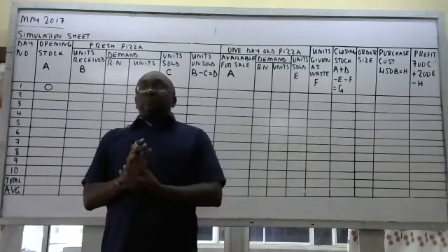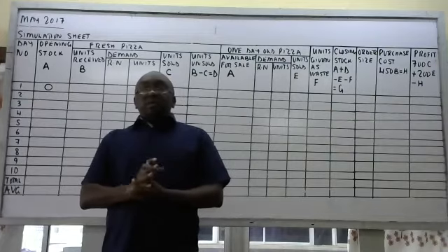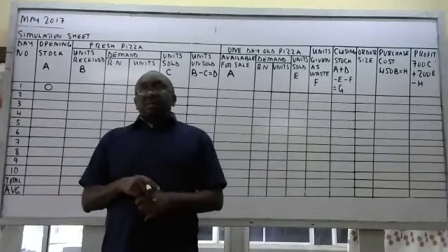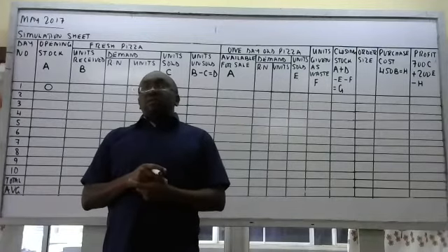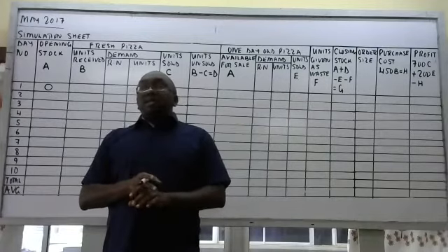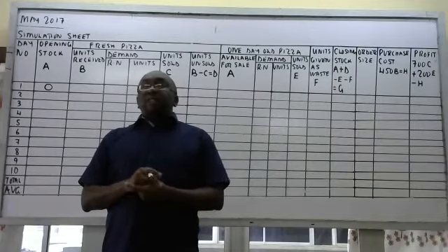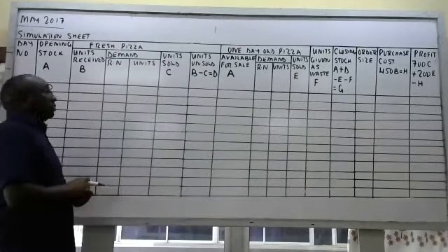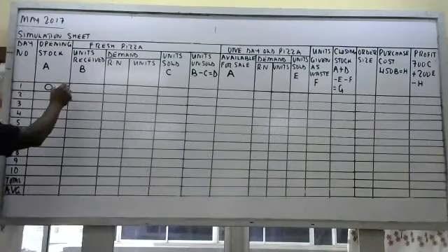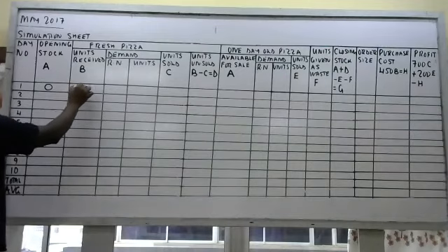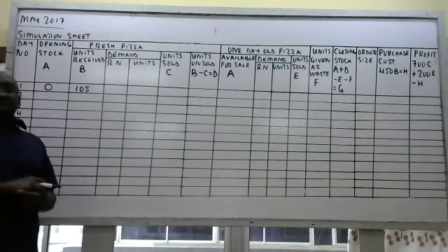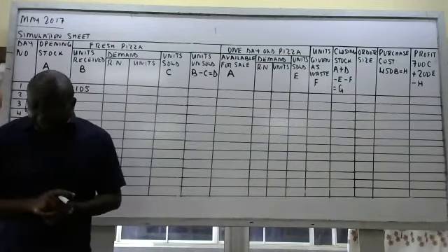If the order is pending, it means it was placed yesterday in the morning. And if it was given yesterday in the morning, we expect to receive it today in the morning. So the units received will be 105.